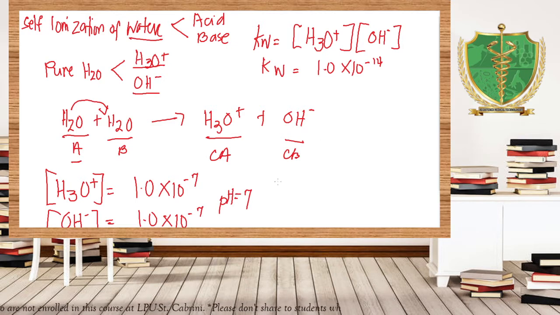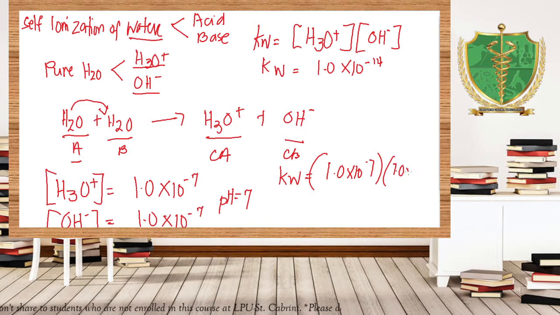If we multiply them, Kw is equal to 1.0 times 10 raised to negative 7 times the hydroxide concentration of 1.0 times 10 raised to negative 7, which gives 1.0 times 10 raised to negative 14.